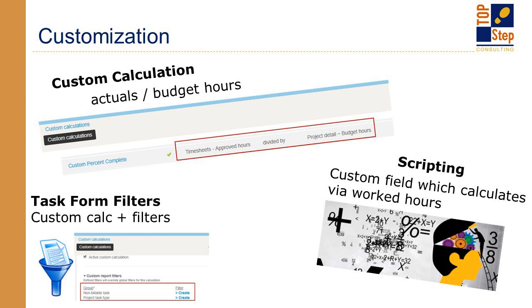So when you're setting up a custom calculation, this is where you can exclude certain, for example, task types. So I'm going to use the example of pre-sales. Let's say that you have a pre-sales task on all of your projects.